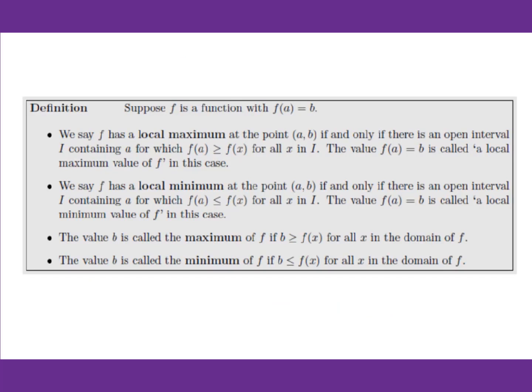Now let's talk about the definition of a local maximum and a local minimum. For a local maximum, if and only if there is an open interval I containing a for which f of a is greater than or equal to f of x for all x in I, then f of a equals b is called a local maximum value.